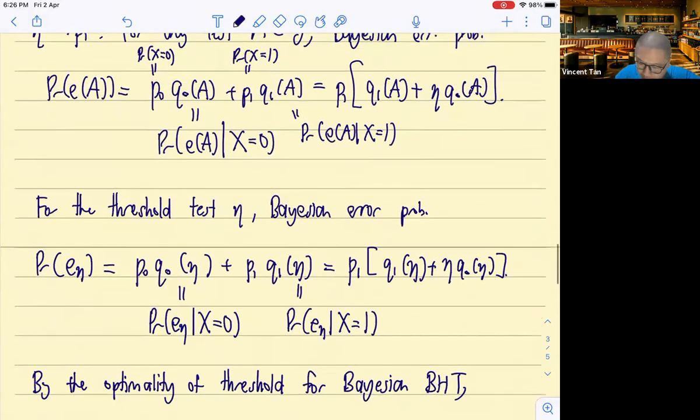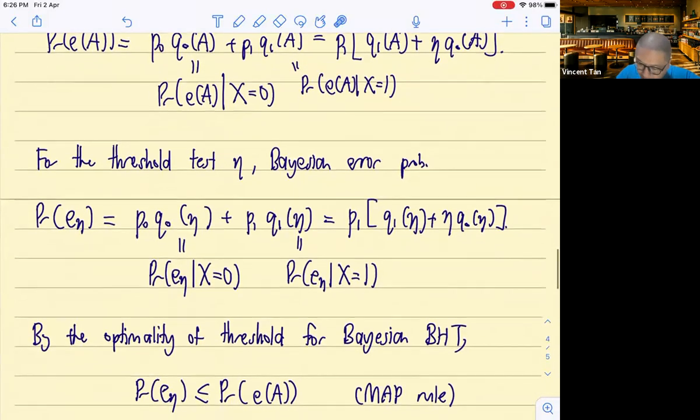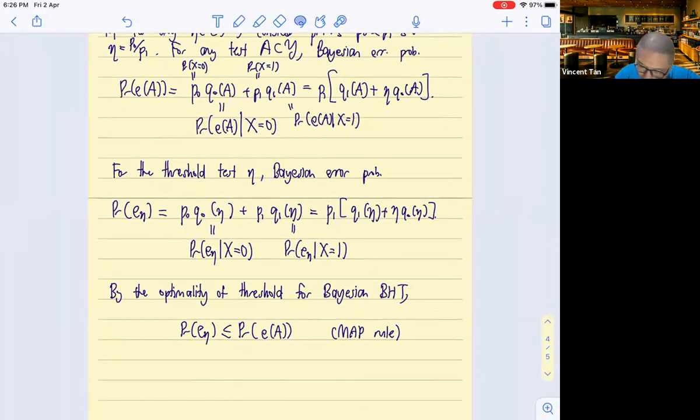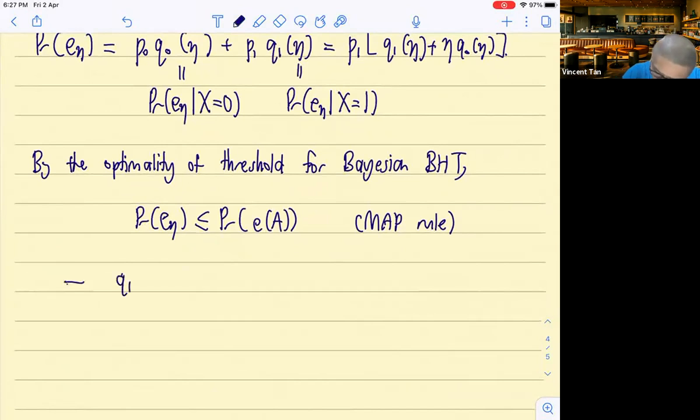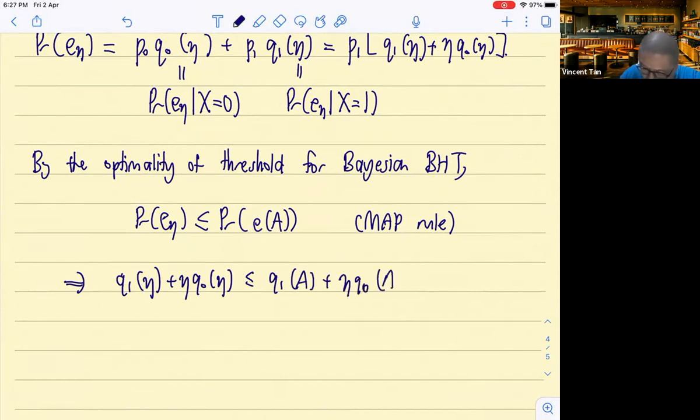But you see from the above derivations that the two error probabilities share a common term, so it can be cancelled on both sides of the equation. And so what I get is that Q1 of eta plus eta Q0 of eta is less than or equal to Q1 of A plus eta Q0 of A.